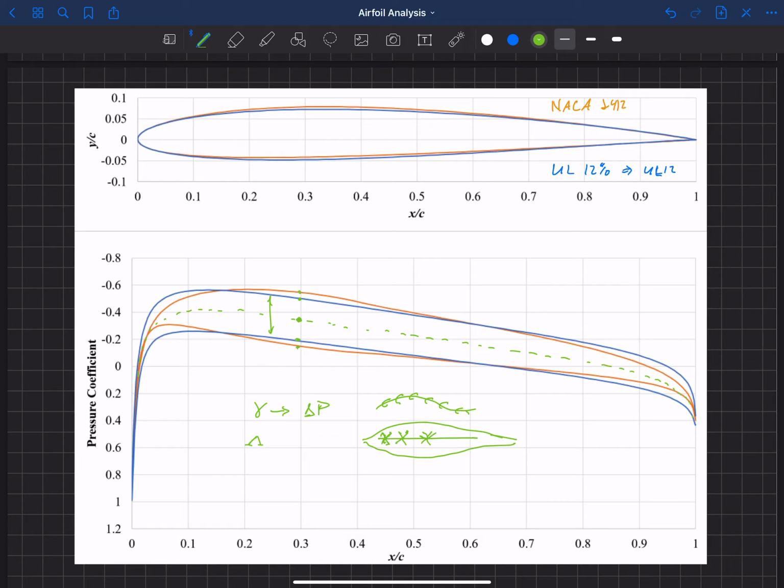And you could do that without any camber to come up with the average pressure that you're looking at for here, with zero camber. But then you'd add the gamma for the delta P that you're looking for up here.